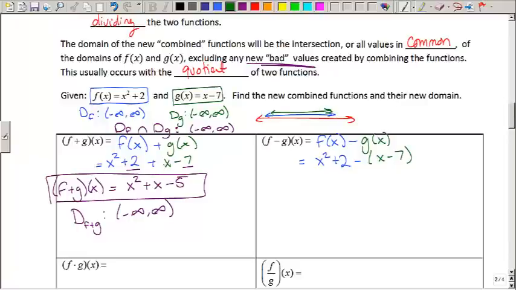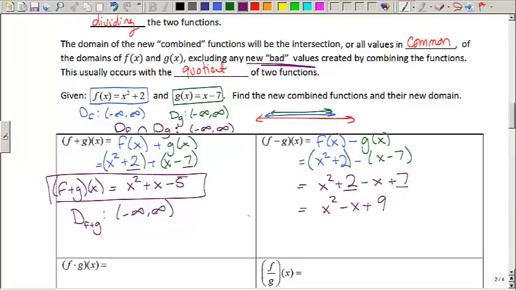Notice I didn't use the parentheses on the first problem, although if I put them here, I still would have got the same answer. So I can reduce x squared plus 2 minus x plus 7 after distributing, and combining like terms, I'm now getting x squared minus x, plus 9.